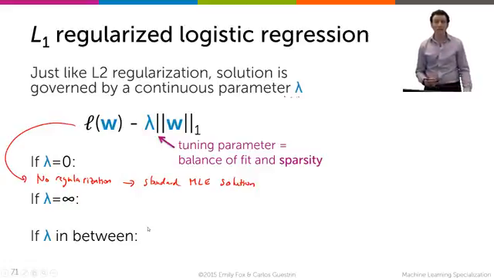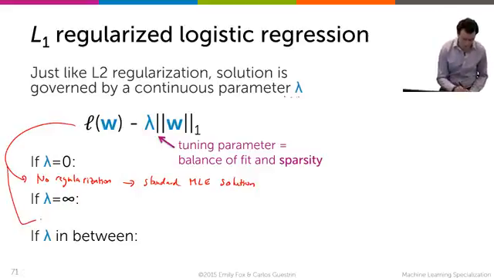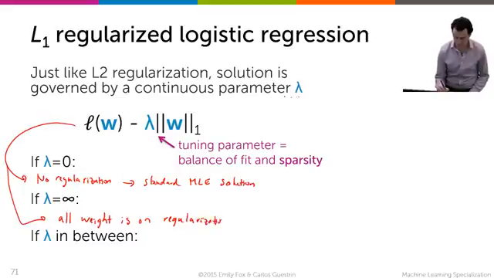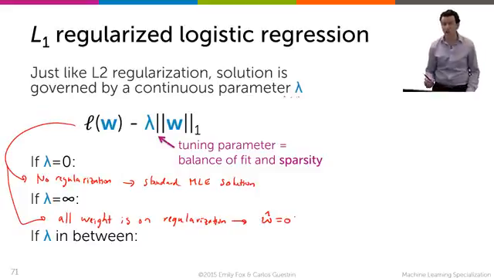Now, when lambda is equal to infinity, we have only penalty, so all weight is on regularization, and that's going to lead to w hat being all 0 coefficients.